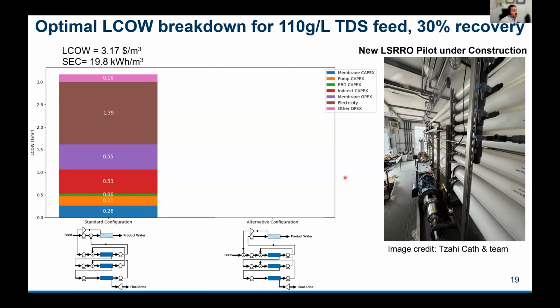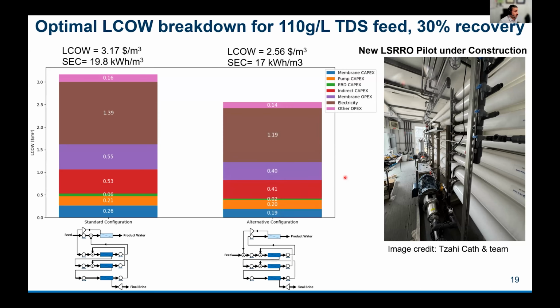Now let's look at the alternative configuration, where you bring the feed in through the second stage. You can see that LCOW will decrease by 19% and SEC decreases by 14% roughly, okay? So this was reaffirming, but then we asked, well, this is just one point on the map. This doesn't tell you when to use which.